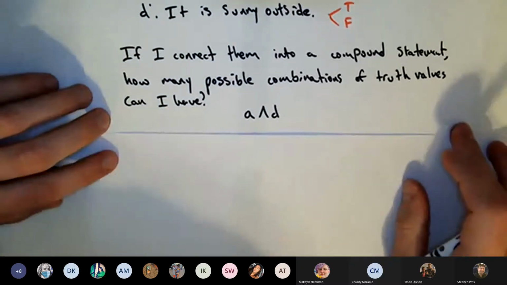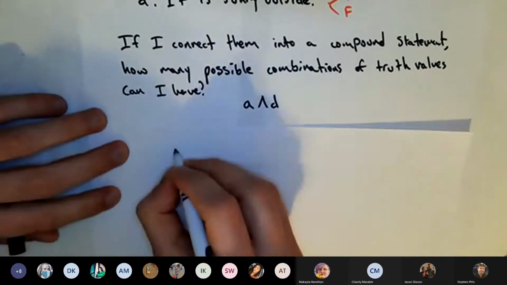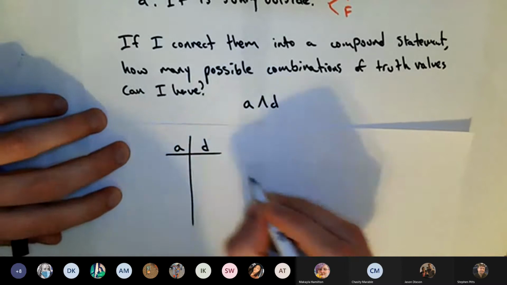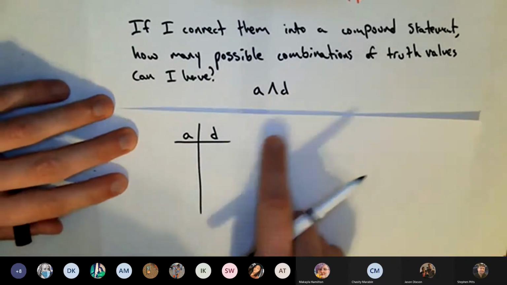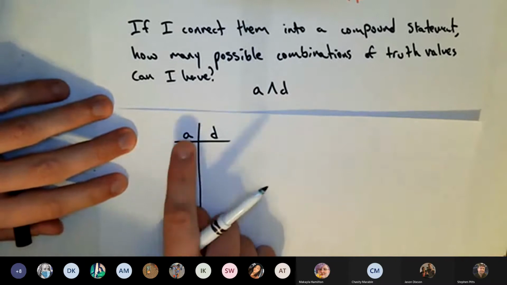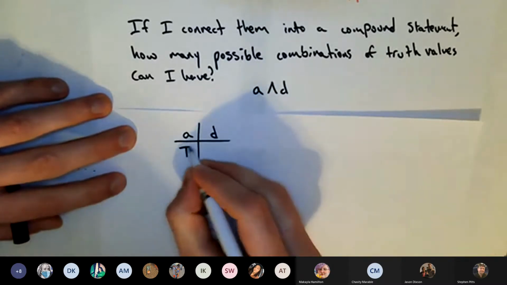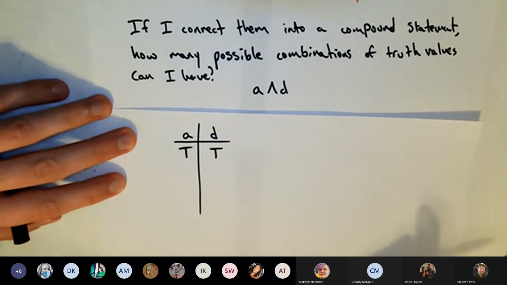Well, if I make a little chart here, A and D, not A and D yet, just the separate A, D. I can have the combination of true, true, they're both true, right? That's one possible combination.